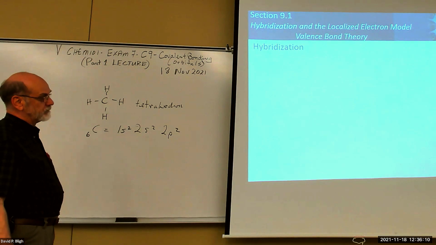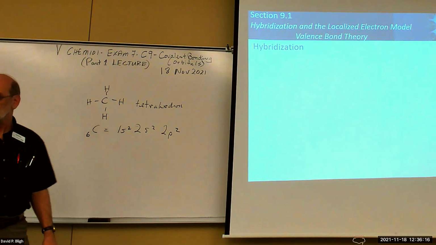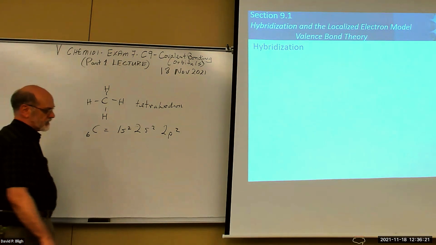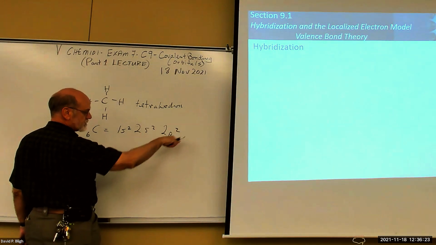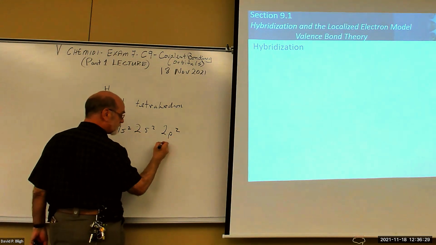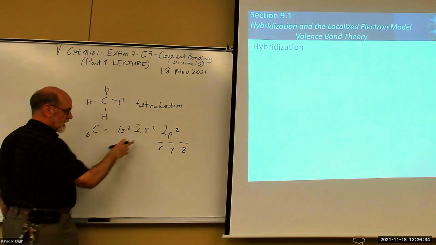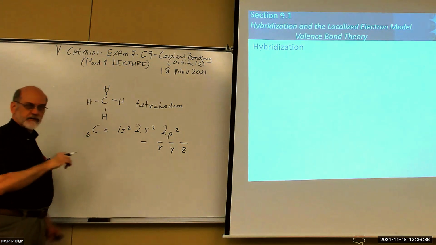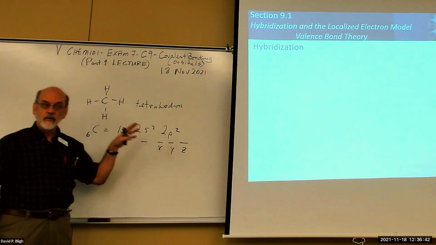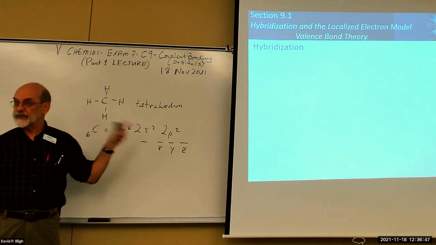Okay, so here's the answer. We tweak. And here's the tweak. It's called hybridization. We hybridize orbitals. In fact, we mix these s and p orbitals. And remember, p has x, y, and z available, and s only has 1. So if we mix this one s and those 3 p's together, we get 4 equivalent orbitals, because we have to come out with the same number we put in.